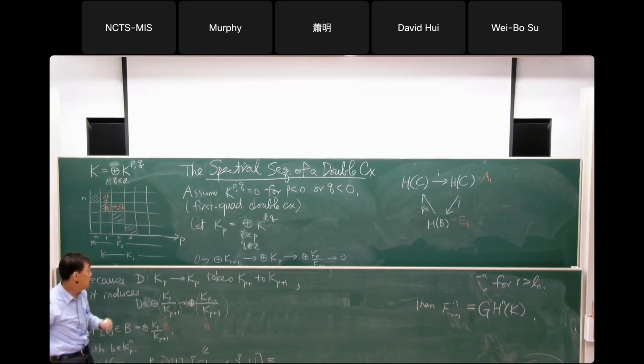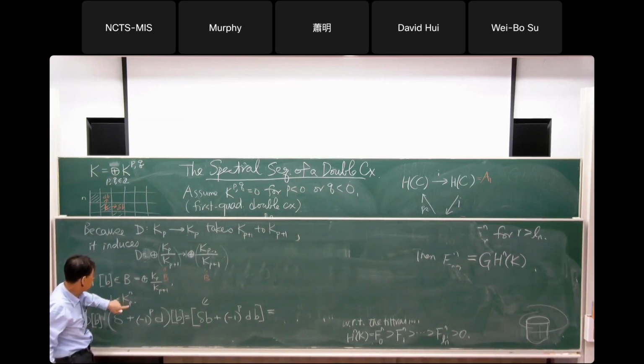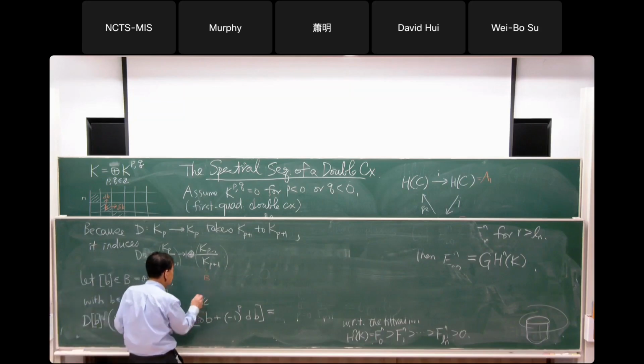Now b is in K m,p, but delta b is in K m plus 1, p plus 1.